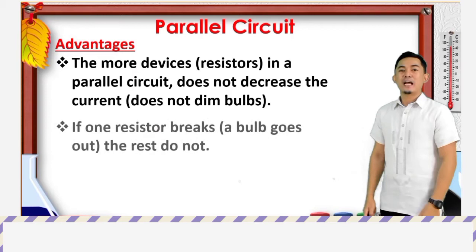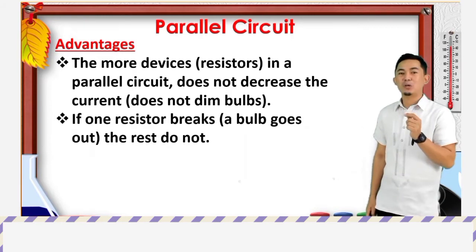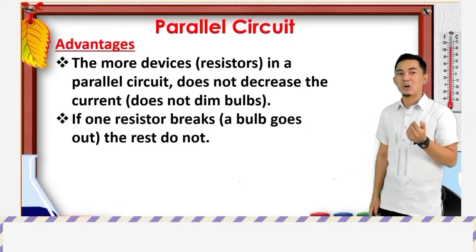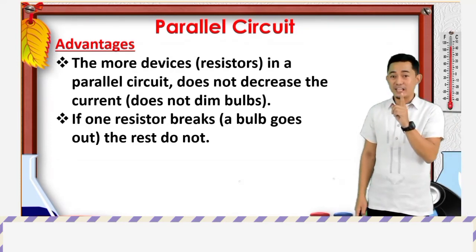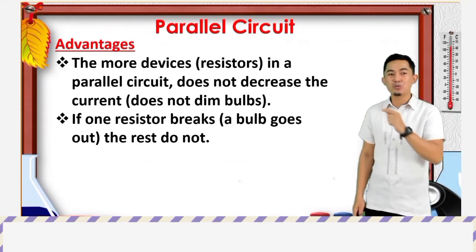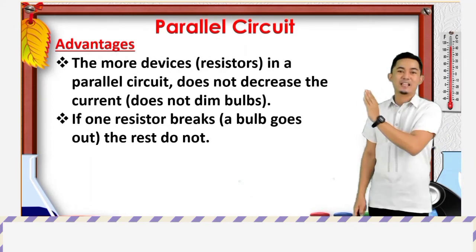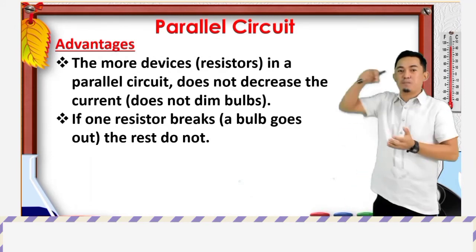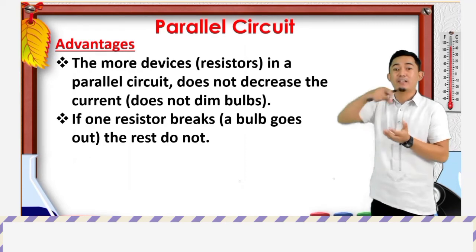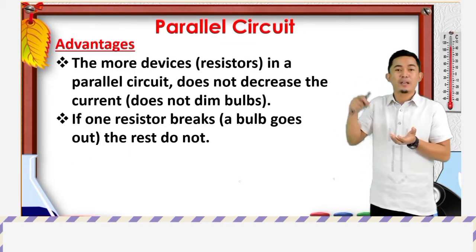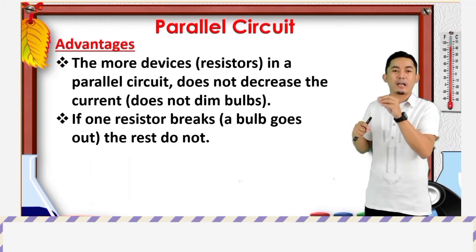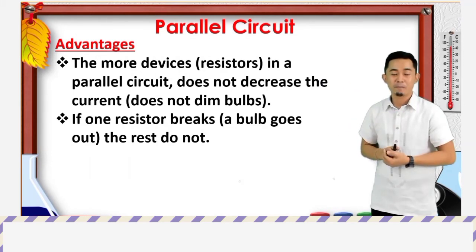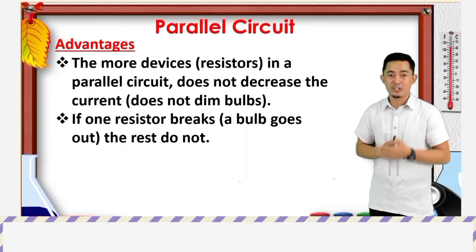Now we go to the second advantage of a parallel circuit. If one resistor breaks or a bulb goes out, the rest do not. If you remove the bulb or the resistor in a parallel circuit, the others will not be affected. Okay? Because that is a parallel circuit.